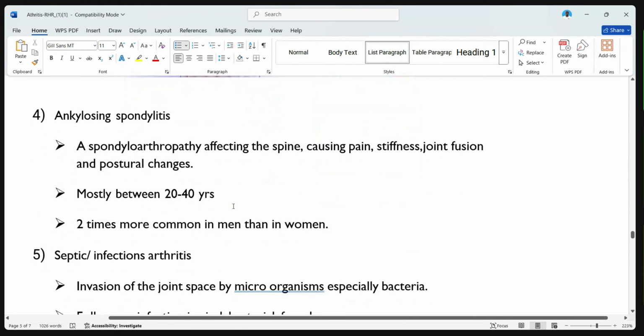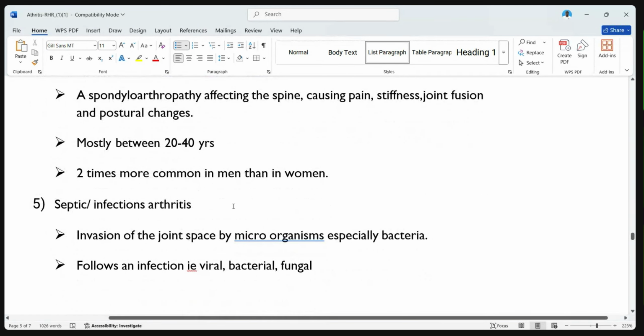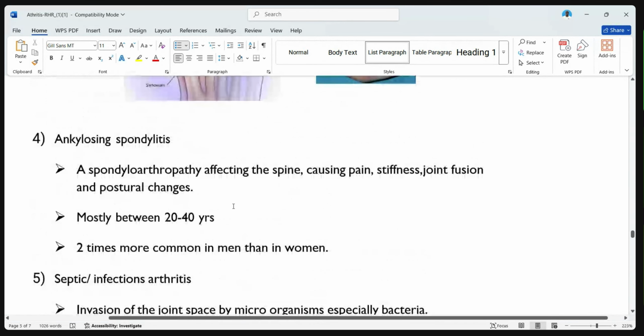And then we have ankylosing spondylitis, an arthritis of the spine, majorly presenting with pain, stiffness, joint fusion, and also just inflammation. And majorly between 20 to 40 years, just because of excess pressure and also excess intake of acidic food.